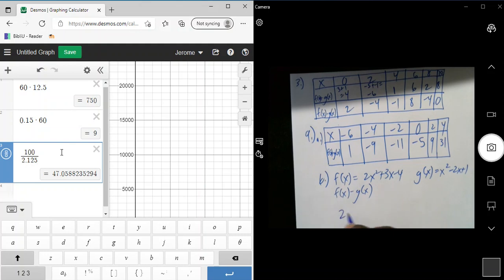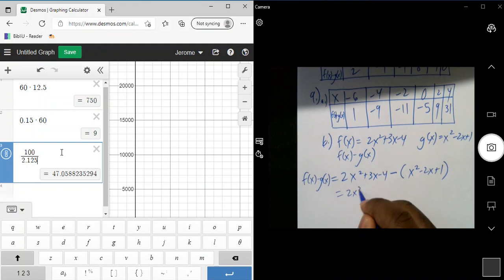So f of x is 2x squared plus 3x minus 4. Well, let me write this out. F of x minus g of x is equal to 2x squared plus 3x minus 4, and then minus g of x. G of x is x squared minus 2x plus 1.